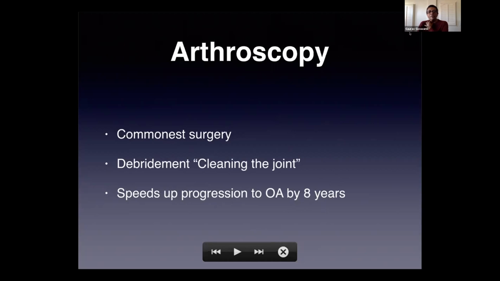And I literally was cleaning the joint, removing what was precious and needed to stay, because that's been the traditional teaching. There is significant data now showing that arthroscopic knee surgery speeds up the progression of osteoarthritis by at least 8 years. So we clearly weren't addressing the health of the joint by any of these treatments.